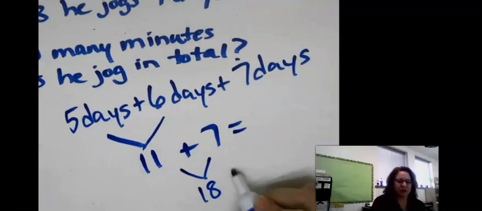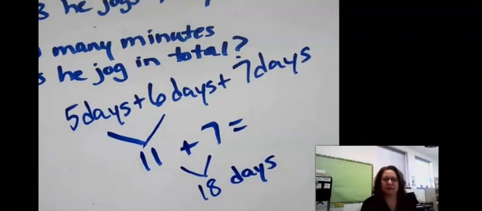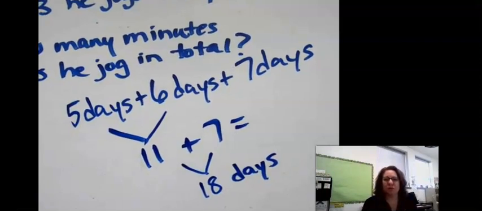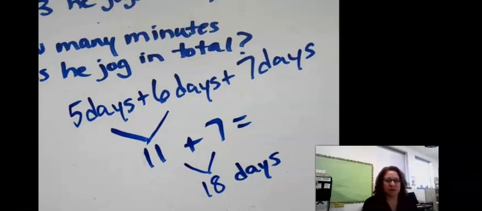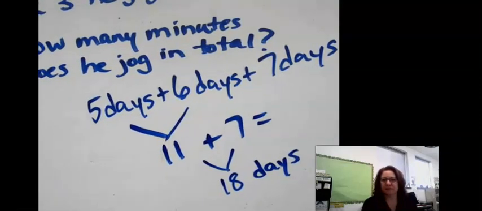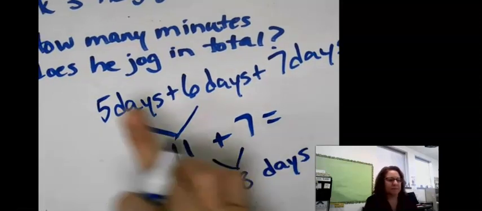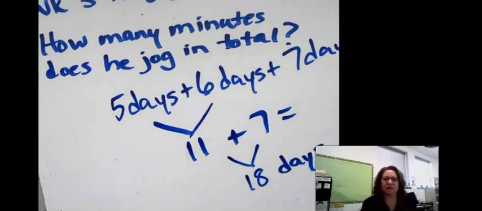So he jogs 18 days in those 3 weeks. Okay, what's our next step? If we're trying to find how many minutes he jogged in total over all those days.